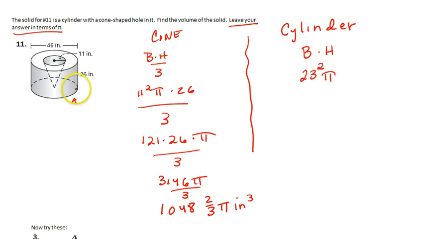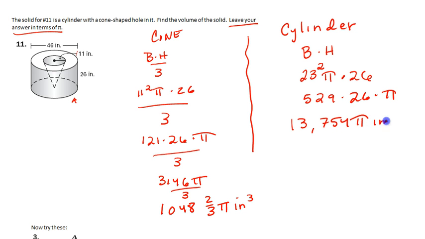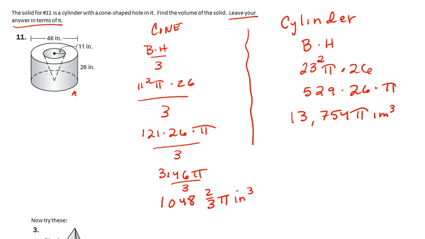My height is here, so that's going to be times 26. If I multiply this out, I get 529 times 26 times pi, or 13,754 pi inches cubed is my cylinder.